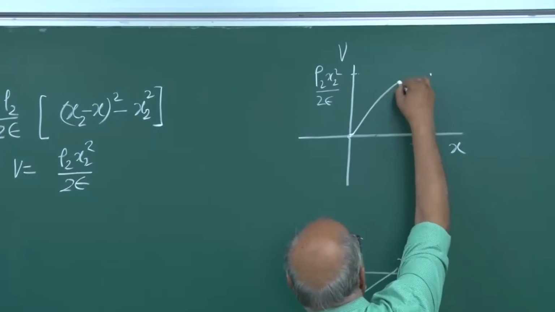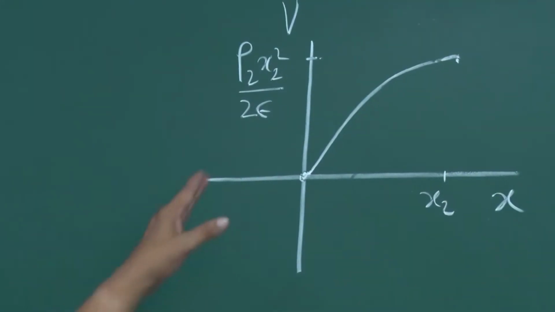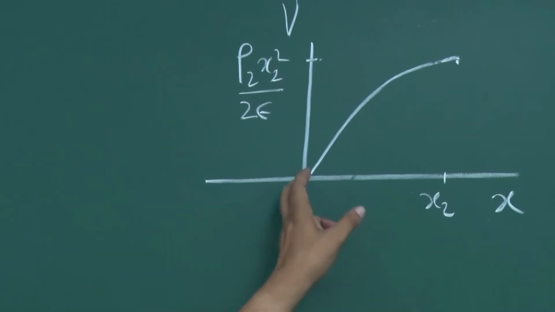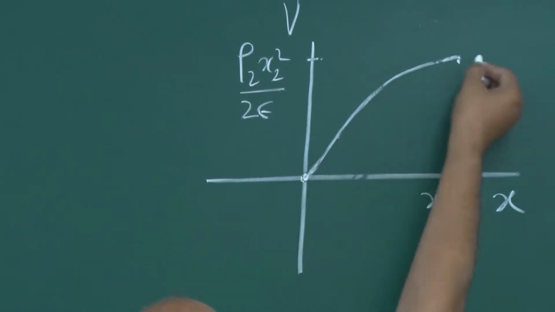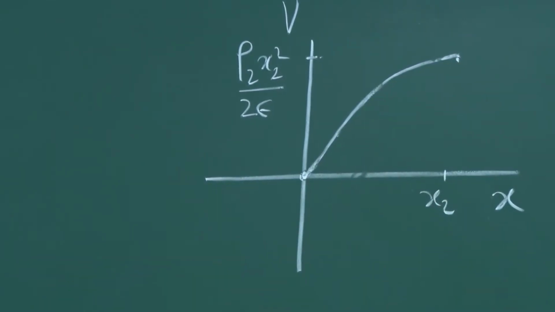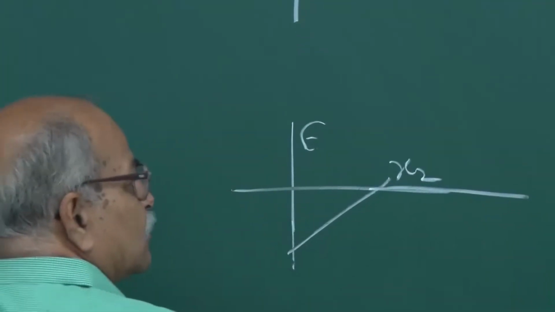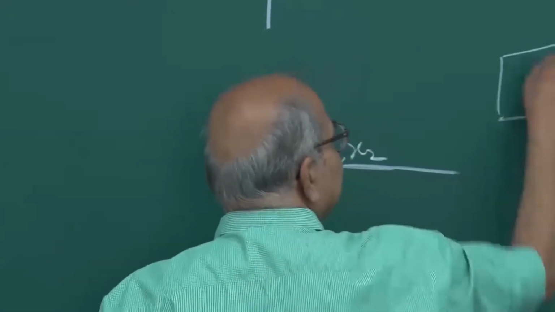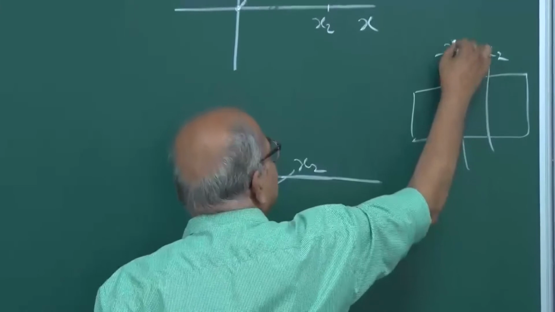It should be of this kind. Right? So that should be the kind of plot, quadratic, joining this point, and the slope gradually decreasing as you increase x, and beyond x2, that means in your PN junction, this is x2 and this is minus x1.